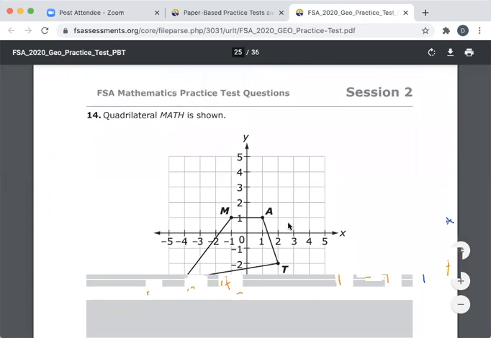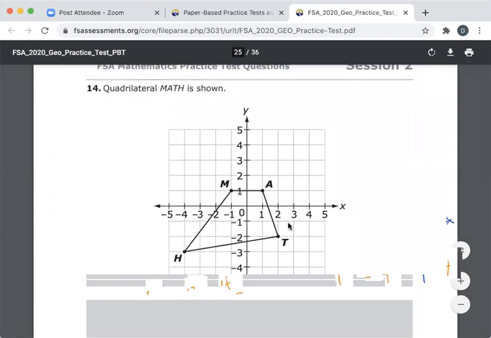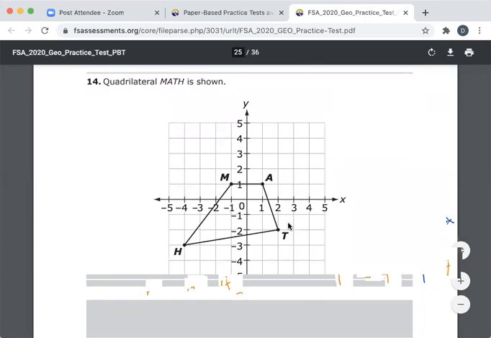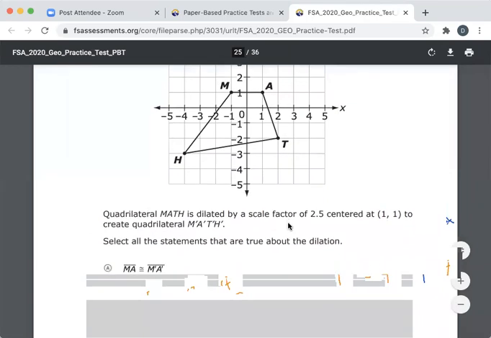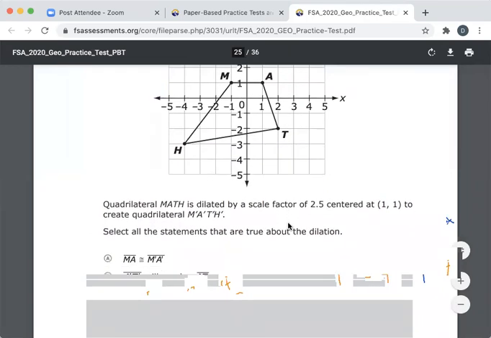What that centered means is not the very center of the drawing. It means that's where it's going out from. So (1, 1) is at point A, and 2.5 means it's going to be 2.5 times bigger.